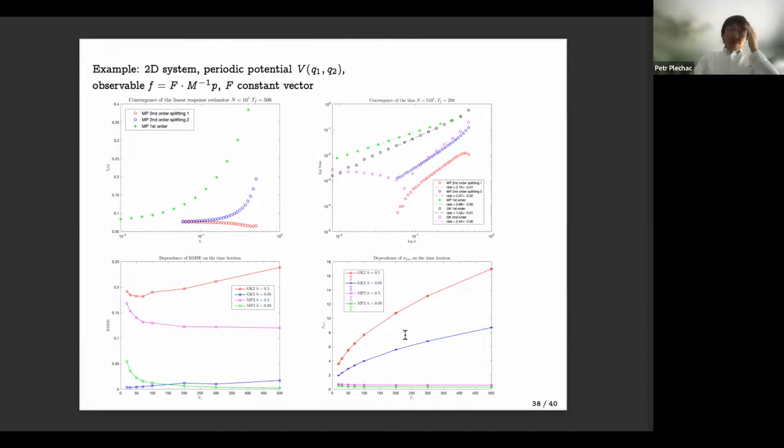Okay, let me end with some examples which will demonstrate that there is some gain.